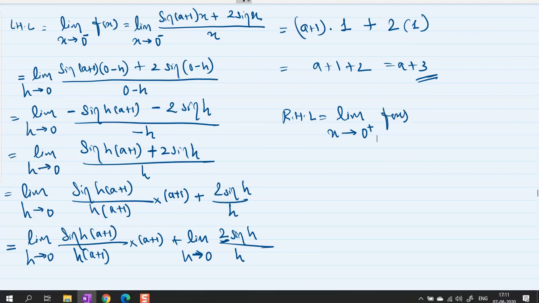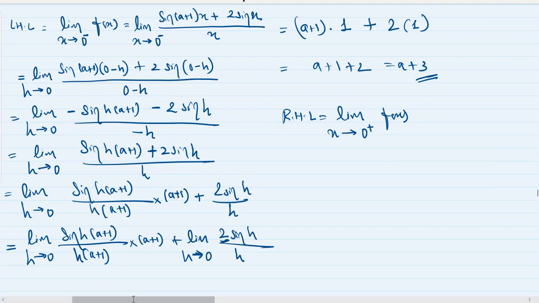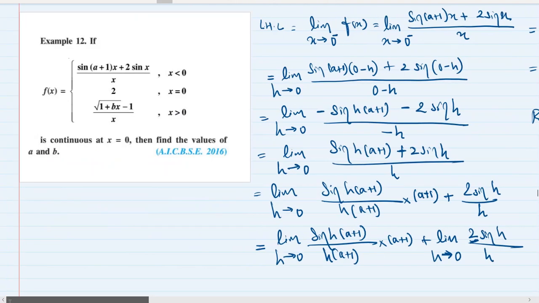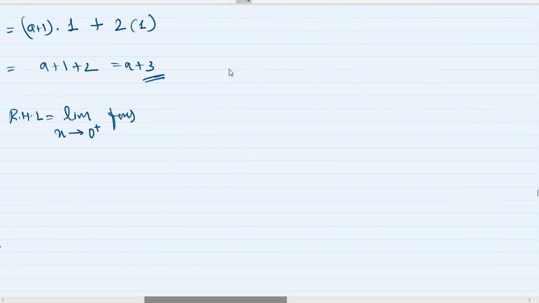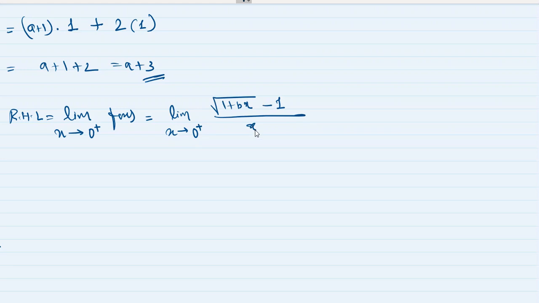Now remember, whenever we are approaching 0 from the right hand side, we have to take the value of x greater than 0, and the definition of the function becomes root of 1 plus bx minus 1, the whole upon x. So limit x tends to 0 plus of root of 1 plus bx minus 1, the whole upon x.